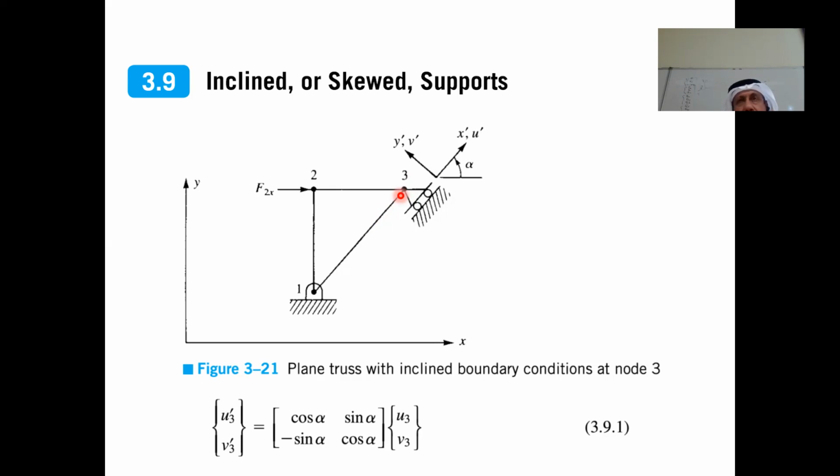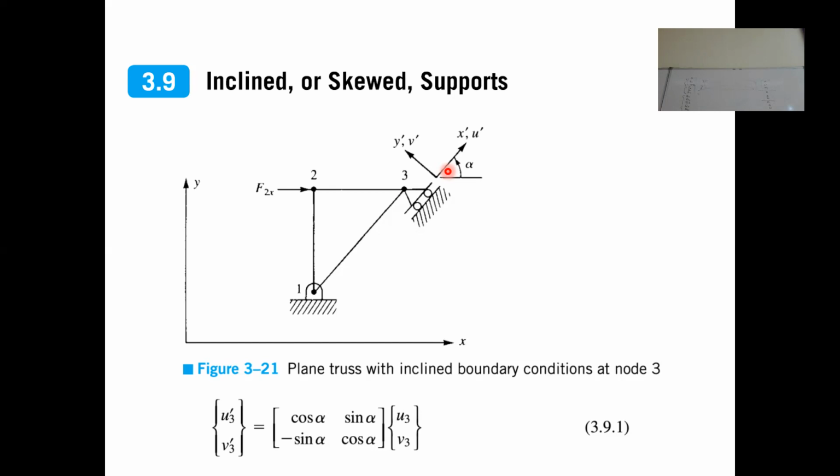We can take components of this displacement and solve for the components. This is called an inclined or skew support, okay? You already know the support condition in local, so you have to make a transformation to global. U3 prime is unknown, but V3 prime is 0. Do you agree?